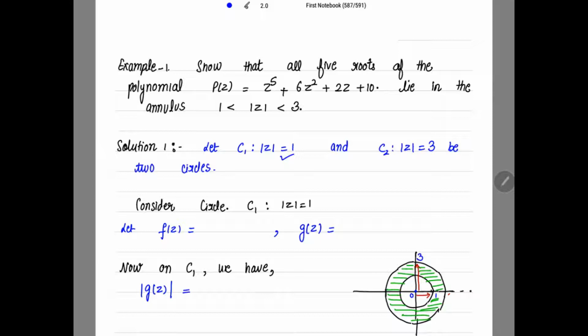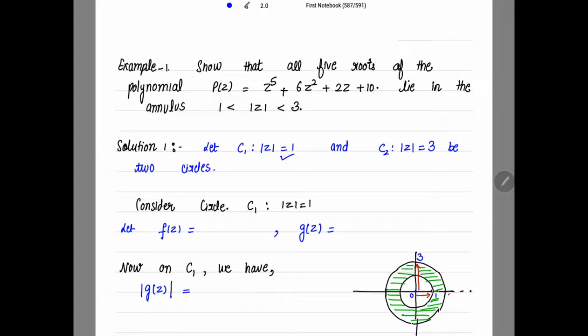Now here, what should I consider f(z) to be? Because I want the roots to be in the annulus, the green colored portion. I want the zeros to be in the green colored portion. I do not want any zero inside the circle C1. So we have to consider the polynomial such that it has no root, right?